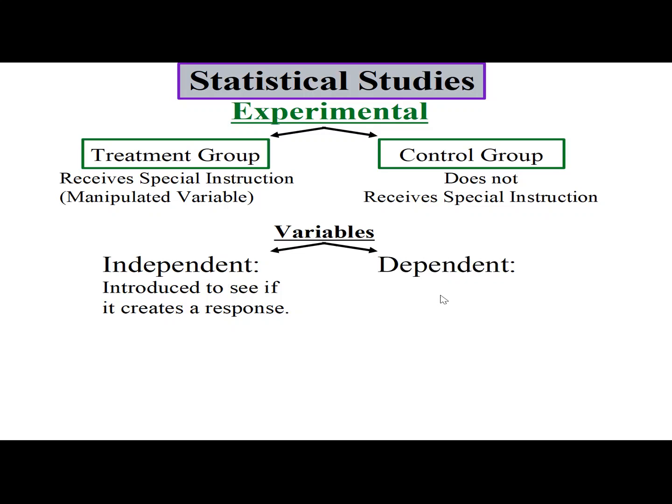Now, there's also something that we call the dependent variable. The dependent variable is the outcome that is introduced to see if the cause and effect that we did with the independent actually worked to get an outcome.